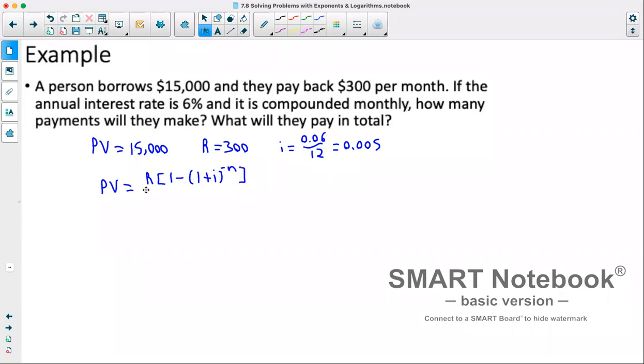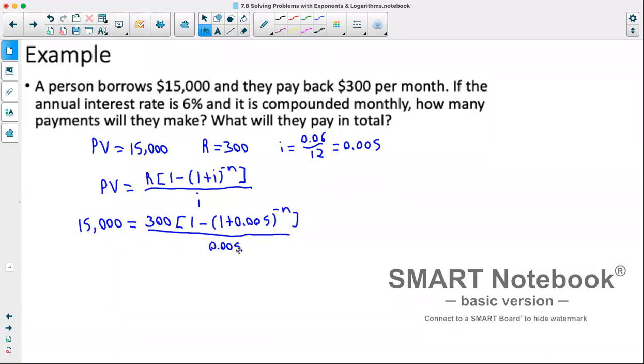Both those numbers should be the same, divided by our interest rate per compounding period. So we'll fill in what information we have. We have 15,000 is equal to 300 times 1 minus 1 plus 0.005 to negative n over 0.005.